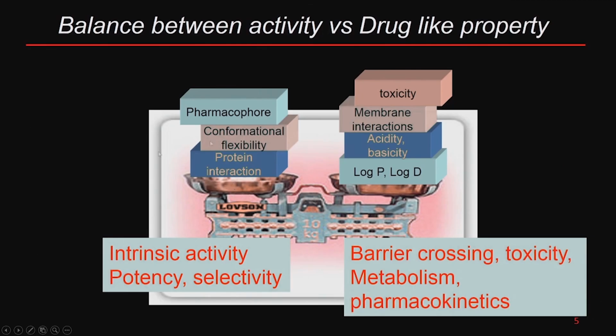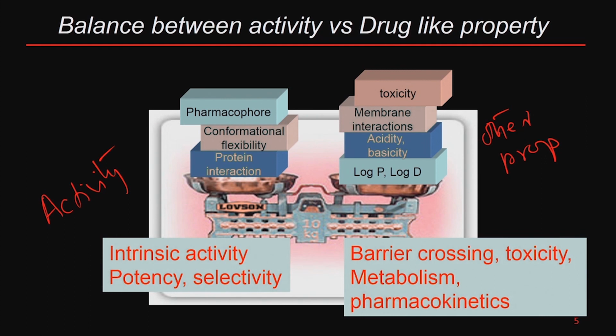Sometimes we need to take a balance between activity or potency or selectivity as against the other drug likeness properties, whether it crosses the GI tract, toxicity, metabolism, pharmacokinetics. So, we need to balance between activity versus other properties. Sometimes you will have a very active drug, but it will have very poor properties.